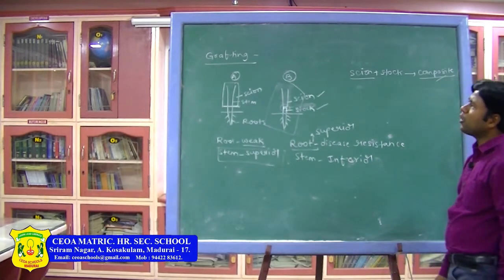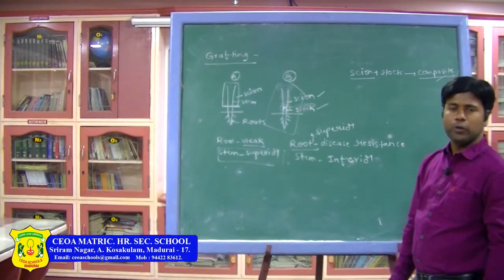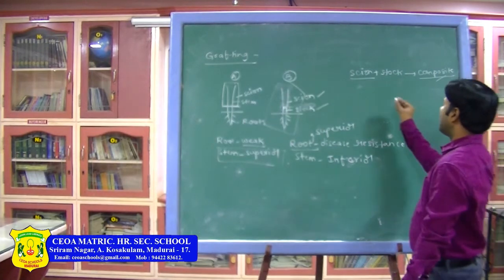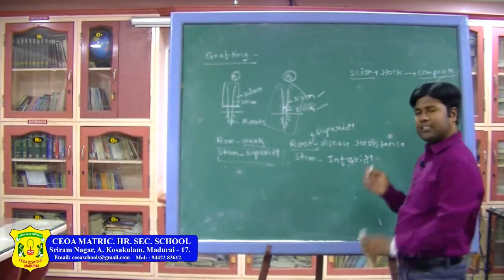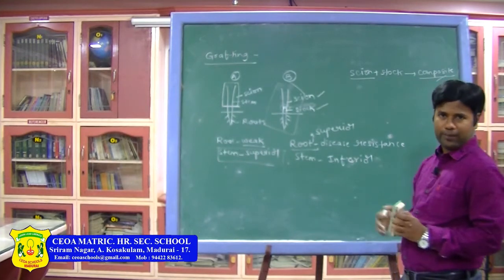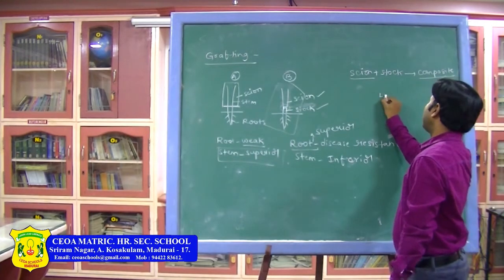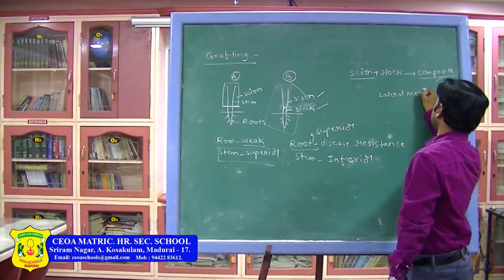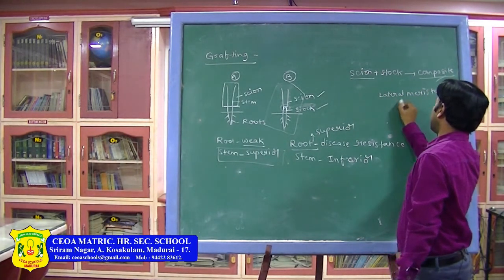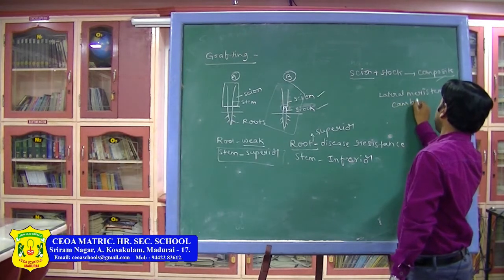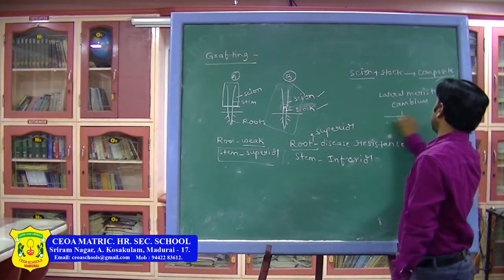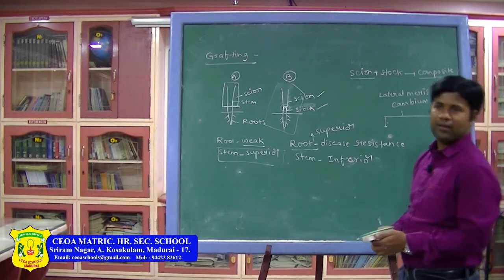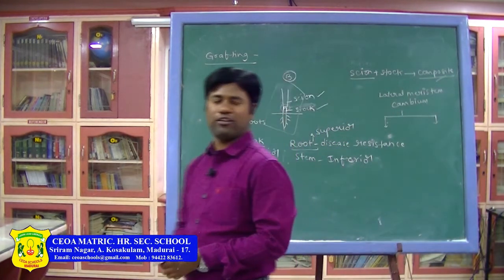Then where do you observe grafting? Usually, in grafting, the tissue involved is the lateral meristem, that is, cambium. There are two types of plants, monocots and dicots.